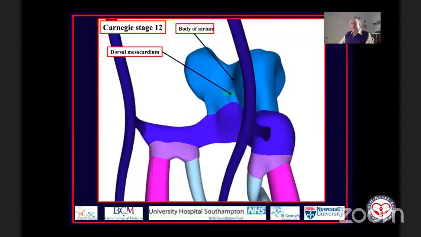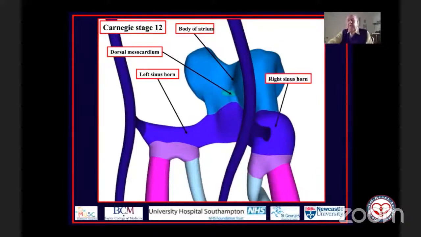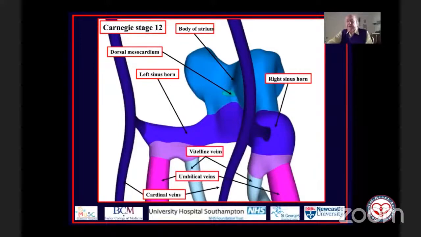At this stage, you see it is in the middle of the body of the atrium, but you can also see opening into the body of the atrium the left sinus horn and right sinus horn, and there you see the venous tributaries, which are bilaterally symmetrical. There, the cardinal veins, the umbilical veins, the vitelline veins.